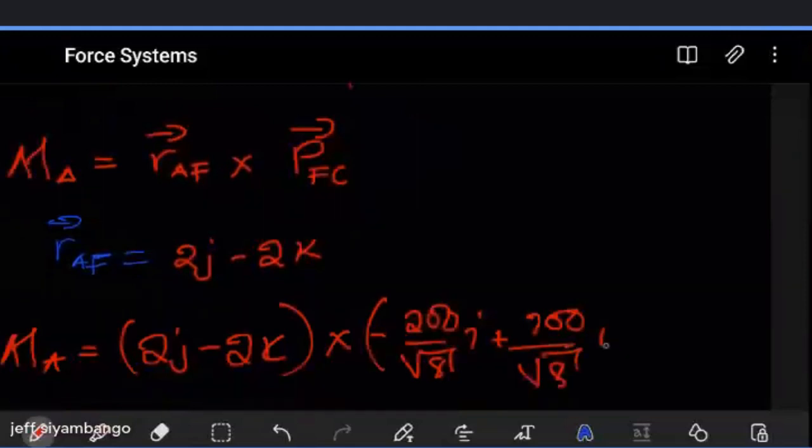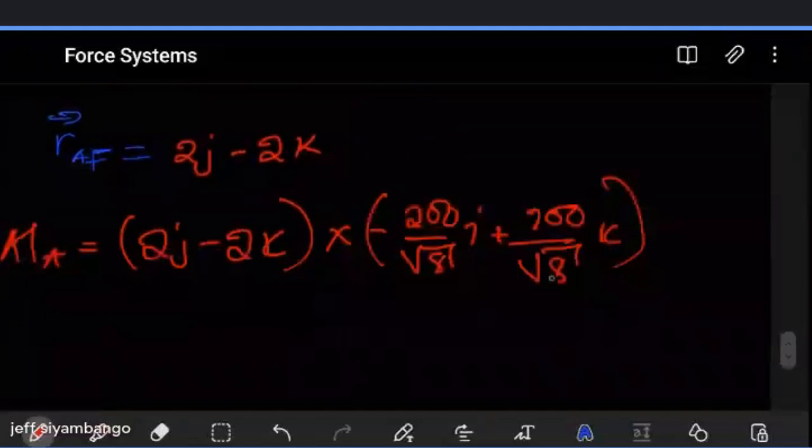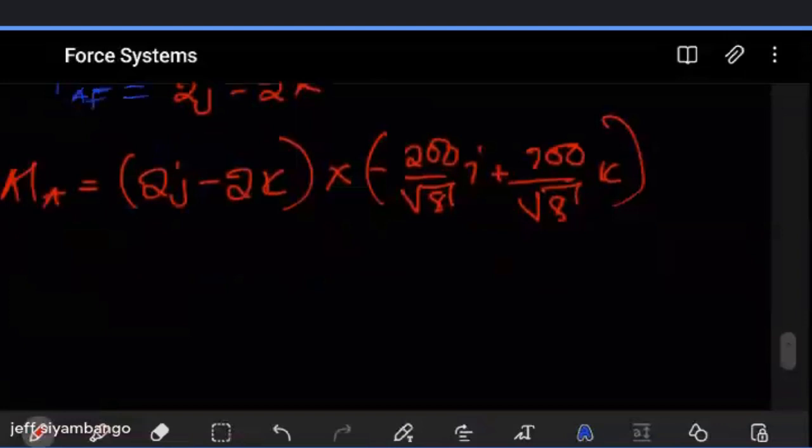Okay, so this is what we're going to do there. How you multiply this is completely up to you. You can still use the determinant method, but if you feel this is more straightforward, you might as well just multiply them directly. Let's try to multiply it directly so that you guys can recall that trick I gave you.